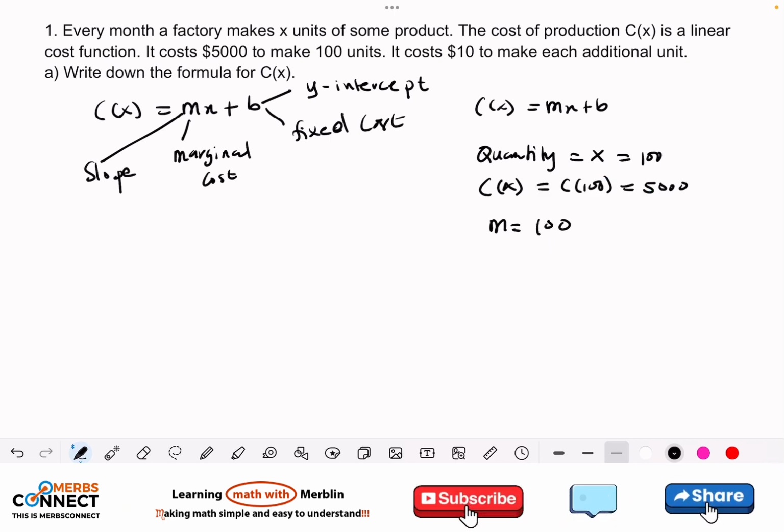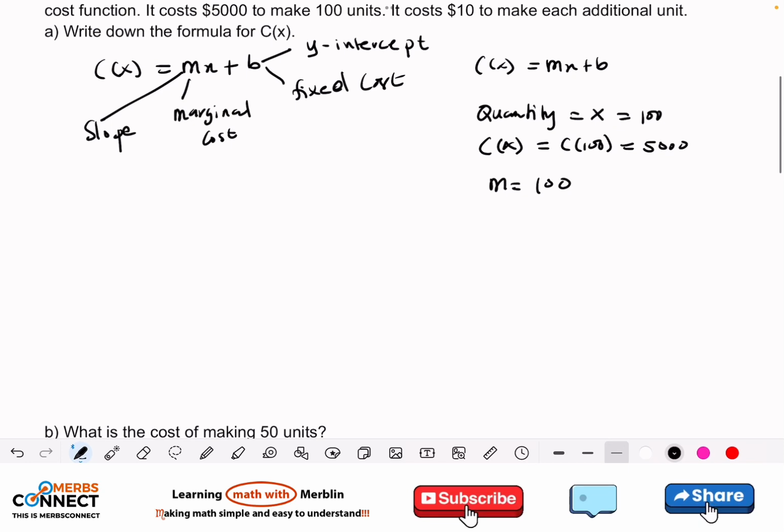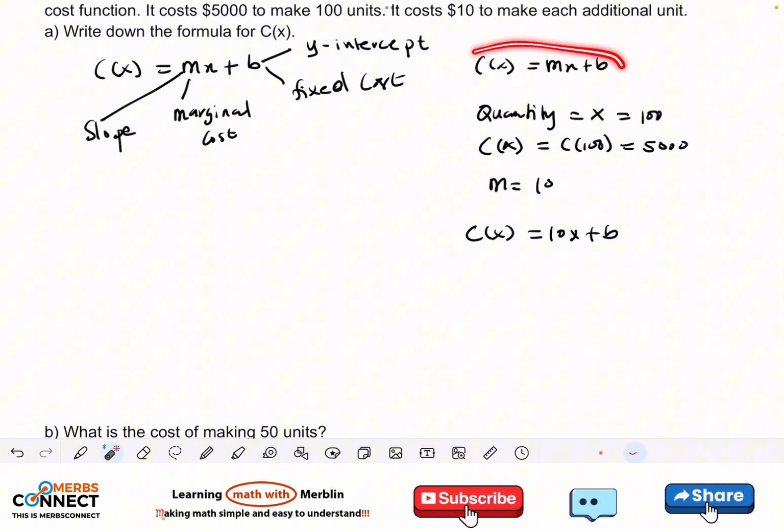So it means that the linear function is going to be C(x) equals 10x plus b, right? This is what I get using the substitution. Now my x is 100.